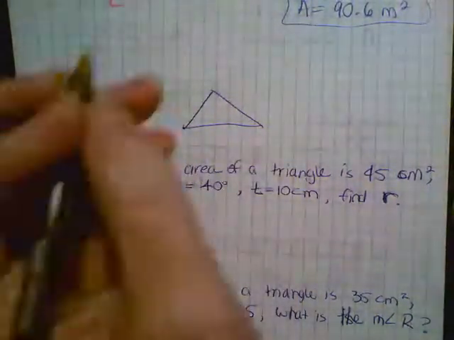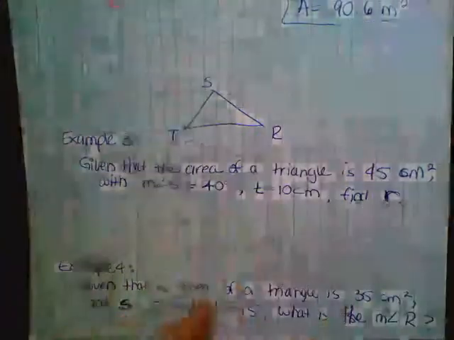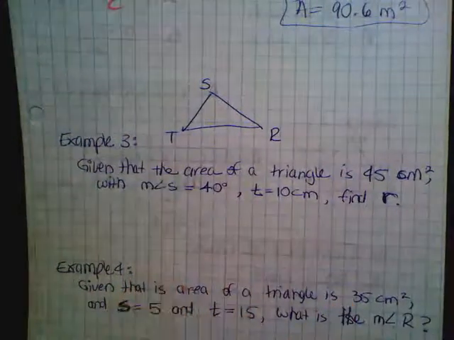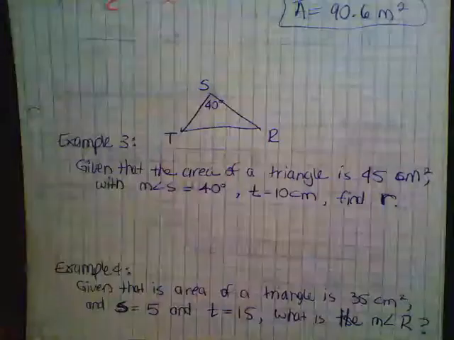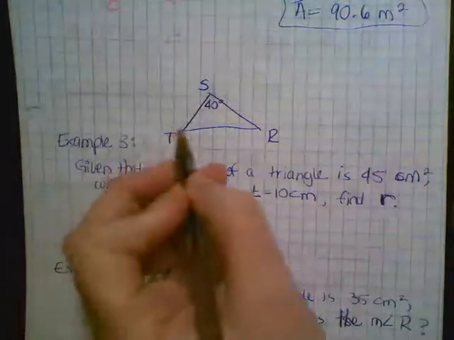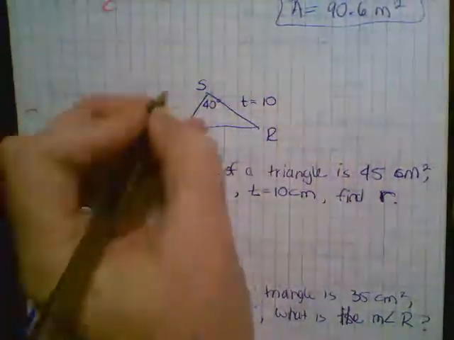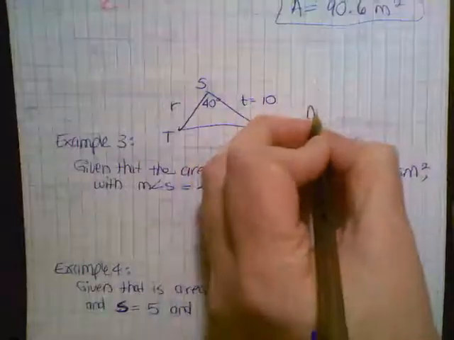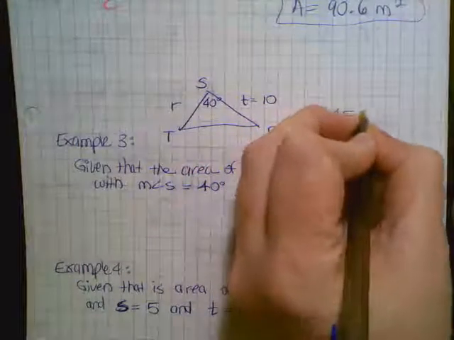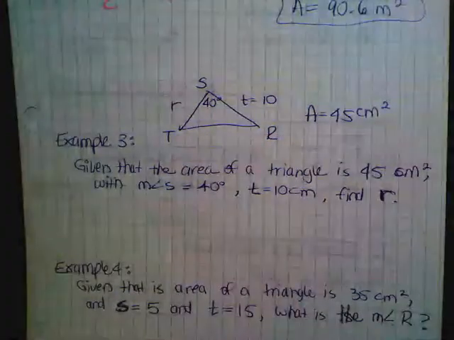And we have sides S, T, and R, right? It doesn't really matter which direction they're in. I know that this angle is 40 degrees. I know that side T is 10, and I'm asked to solve for R. And I do know that the area is 45 centimeters squared.